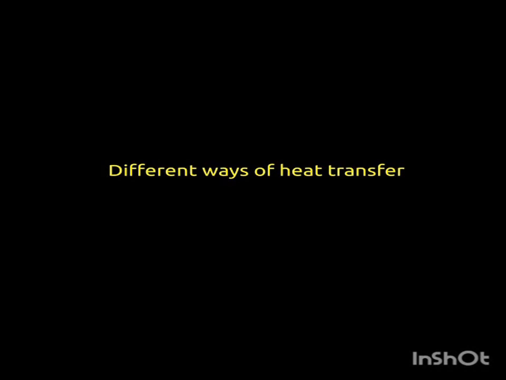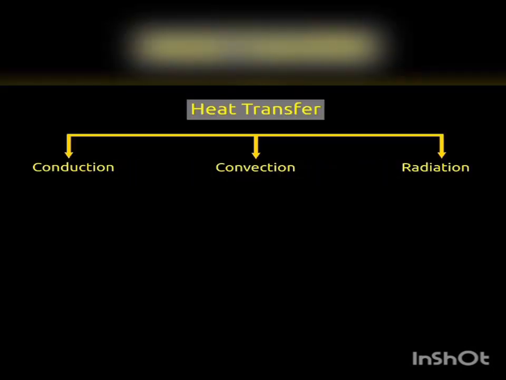When you keep an object near burning wood, it becomes hot because of heat transfer. In this video, we will learn about different ways in which transfer of heat can take place. Heat can be transferred from one object to another by conduction, convection, or radiation.